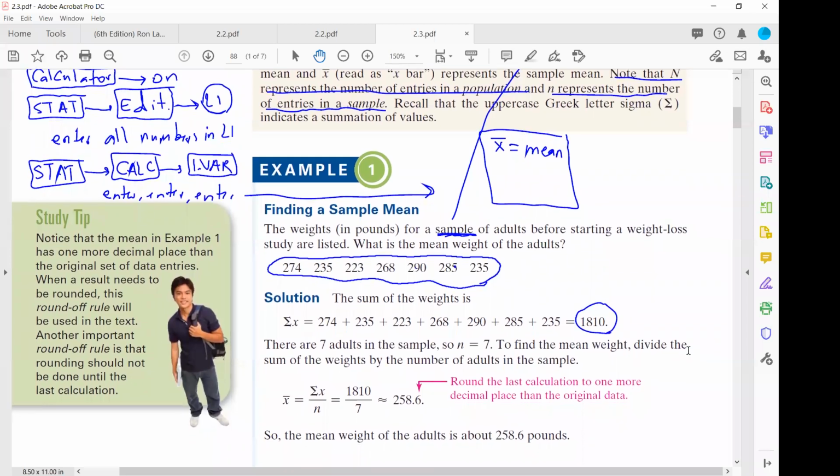So the mean of the collection is 258.6. It shows that the mean of the sample is 258.6 pounds.